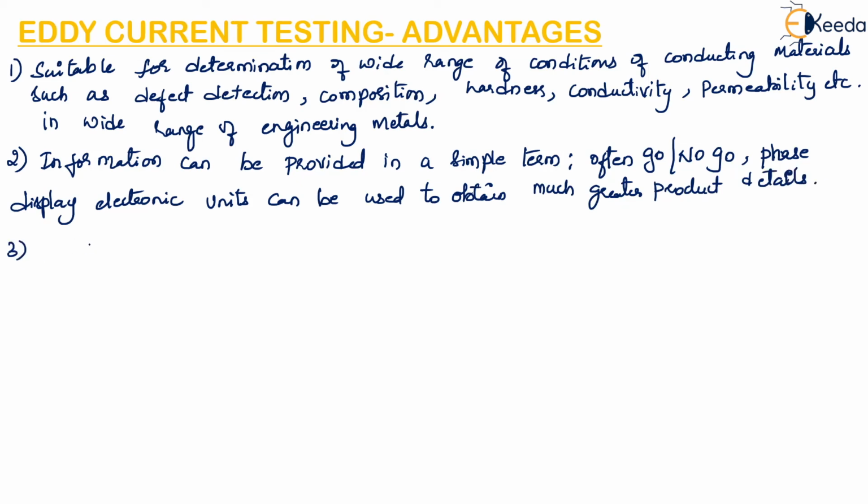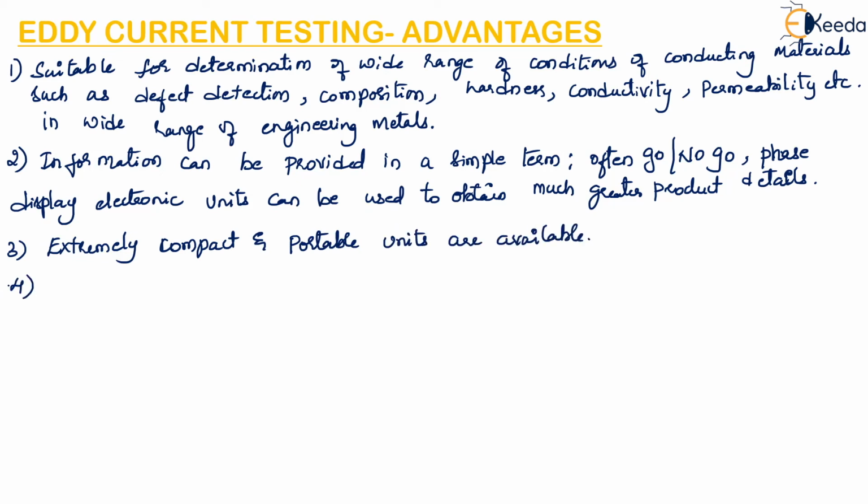So extremely compact and portable units are available. So here non-consumables except the probes which can sometimes be repaired. So all the components which we are using here are non-consumables except the probes which can be repaired now and then.